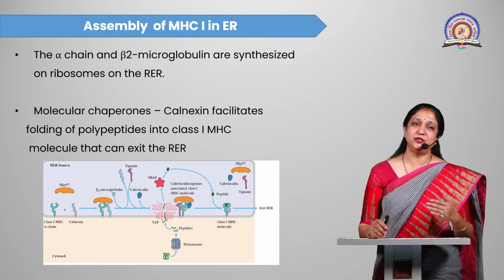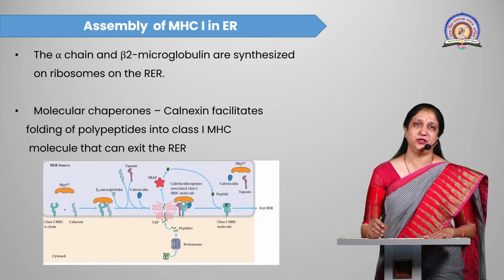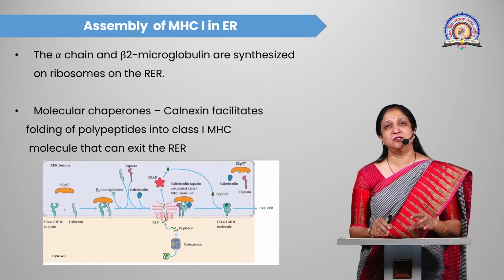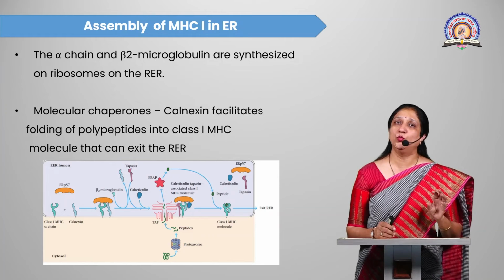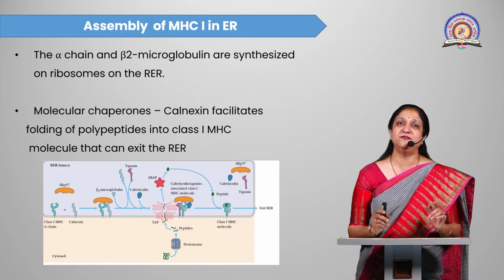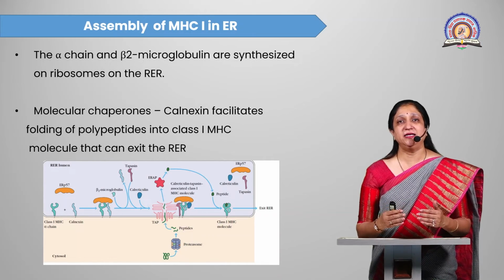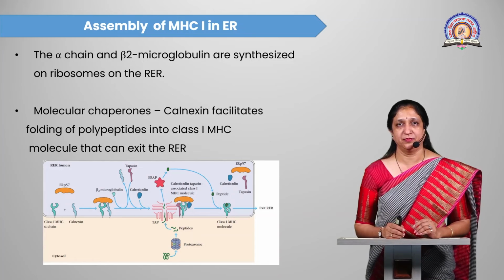The genes that encode the beta 2 microglobulin lie outside the MHC gene complex, but this beta 2 microglobulin comes and binds with the alpha chain after the folding of the alpha chain to form the entire structure of the class 1 MHC molecule.